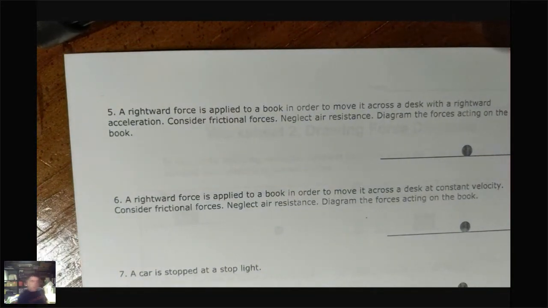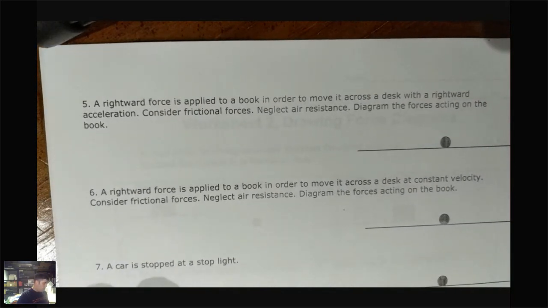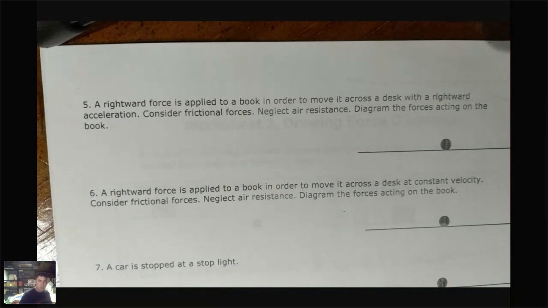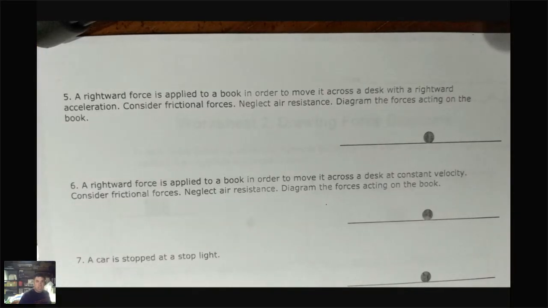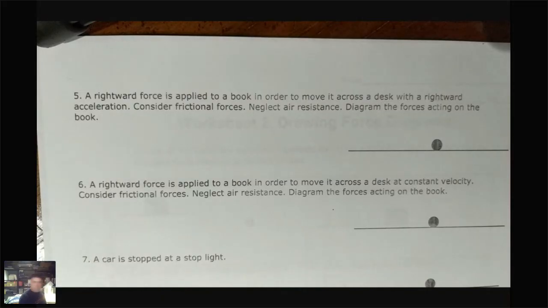So next one, number 5. A rightward force is applied to a book in order to move it across a desk with a rightward acceleration. We have friction. We get to ignore air resistance. Diagram the forces. Okay, so how many forces on this book? We got 4. Good.